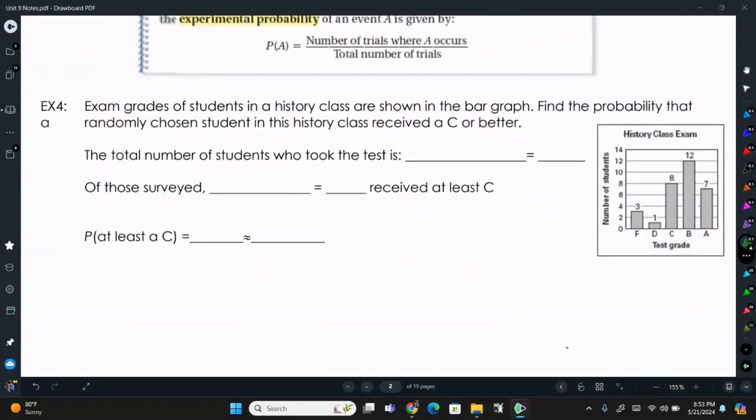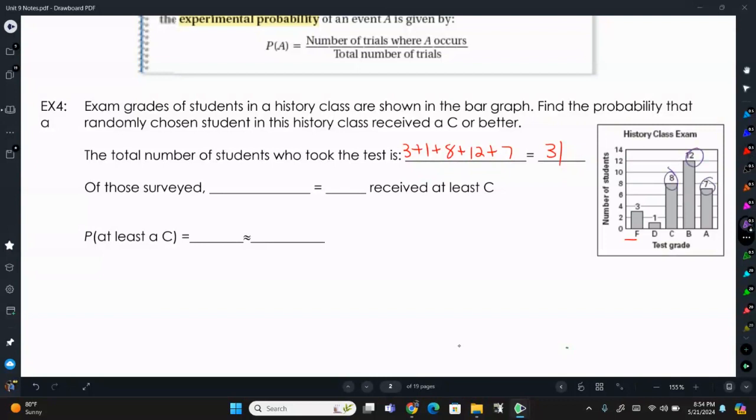So we have exam grades of students in a history class are shown in this bar graph. Find the probability that a randomly chosen student in the history class received a C or better. So we need to figure out how many students are in the class altogether. So we have 3 that earned an F, 1 that earned a D, 8 that earned a C, 12 that earned a B, and 7 that earned an A. So if we add those up, we get 31. Now we got to figure out how many earned a C or better.